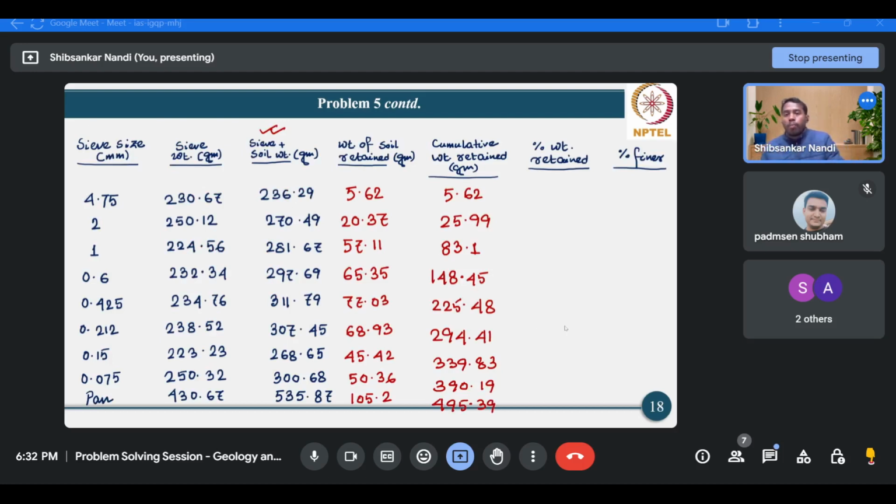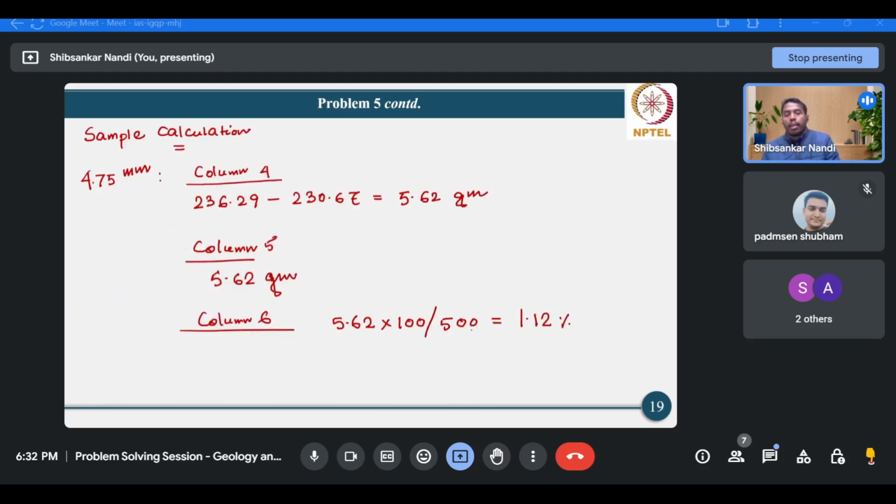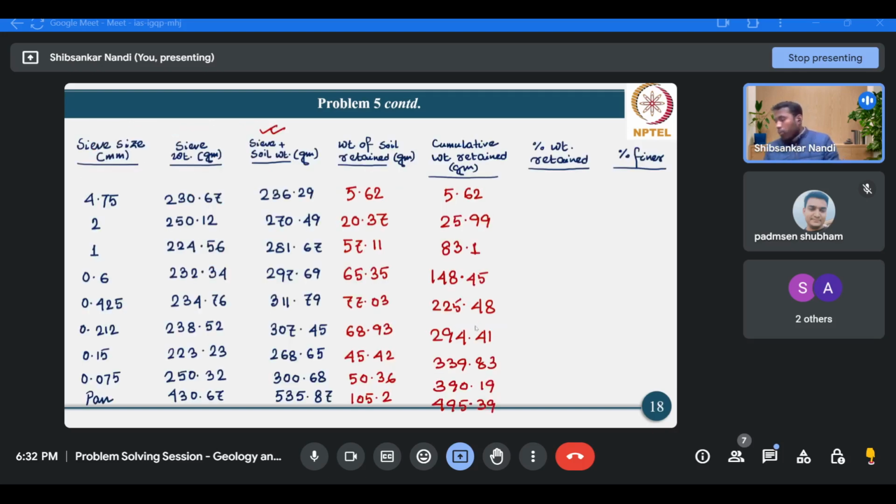For 2 mm, it will be 25.99 into 100 divided by 500. So 25.99 divided by 5 will give you 5.20. Okay, so the first one is 1.12, then 5.20.